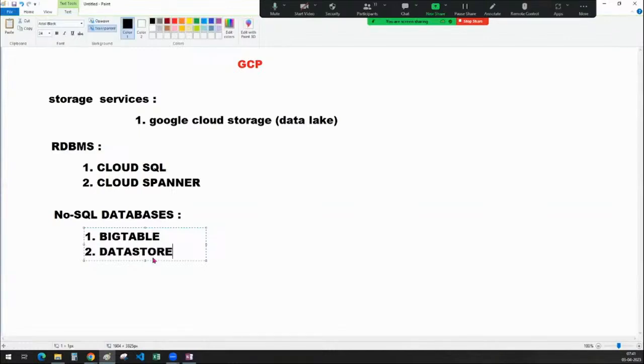Okay, so these are the two databases acting as NoSQL databases in GCP. One is Big Table, one more is Datastore, guys. Okay, so these are all storage and database services: Google Cloud Storage, Cloud SQL, Cloud Spanner, and the third one is Big Table and Datastore. So these are the Google Cloud Storage and database services.